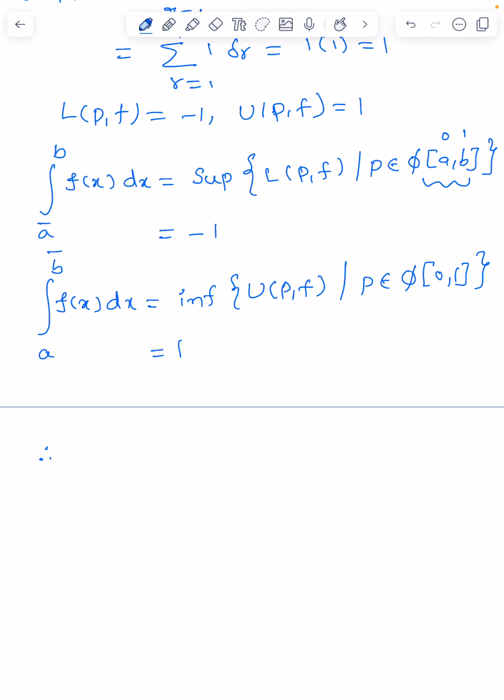It is very clear that the lower integral of f of x dx is not equal to the upper integral of f of x dx. It means the lower Riemann integral is not equal to the upper Riemann integral.